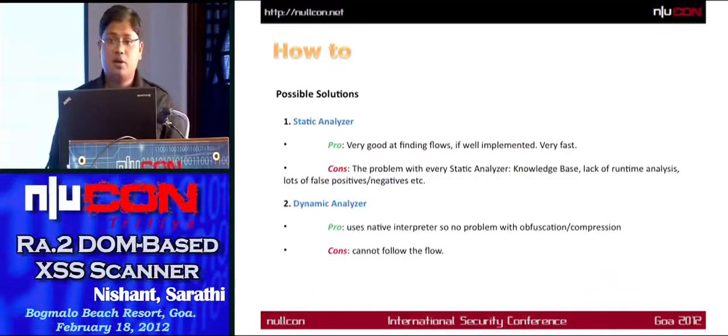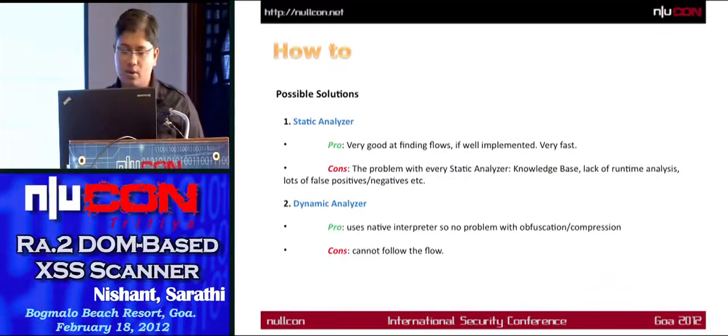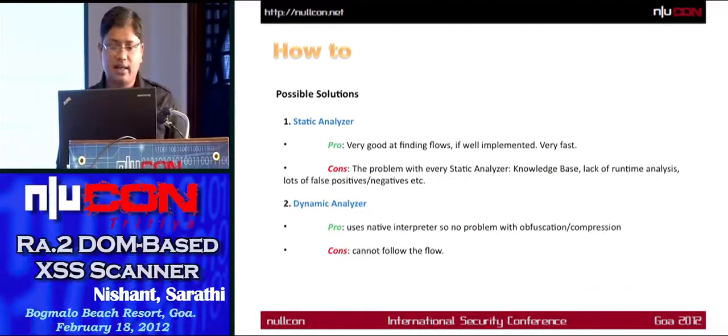So a possible solution to this problem is writing a static analyzer. It's very good at finding flows, and if well implemented, it's very fast. But a limitation of a static analyzer is that it has a knowledge base, lacks runtime analysis, and has a lot of false positives and negatives, etc.